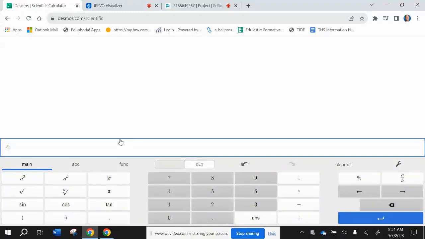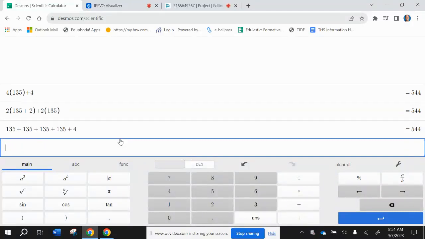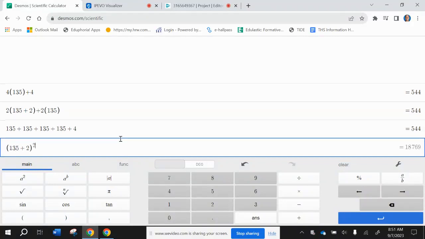So 4 times 135 plus 4. 2 times 135 plus 2 plus 2 times 135, and then 135 plus 135 plus 135 plus 135 plus 4, and then 135 plus 2 squared minus 135 squared.